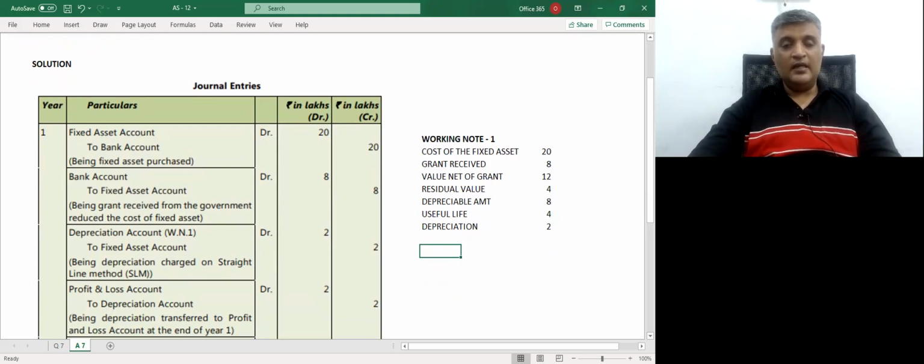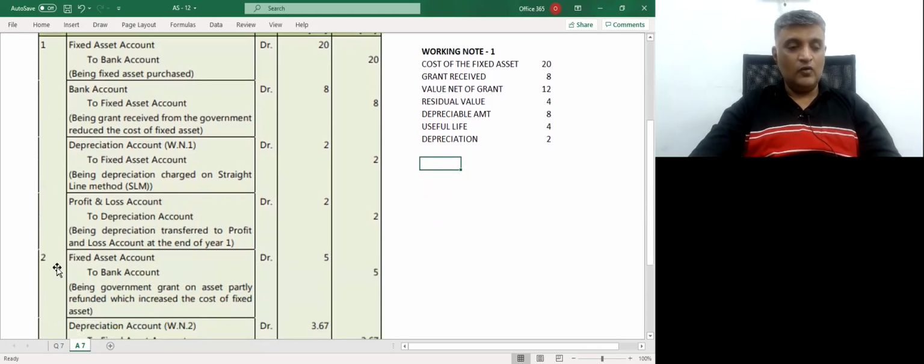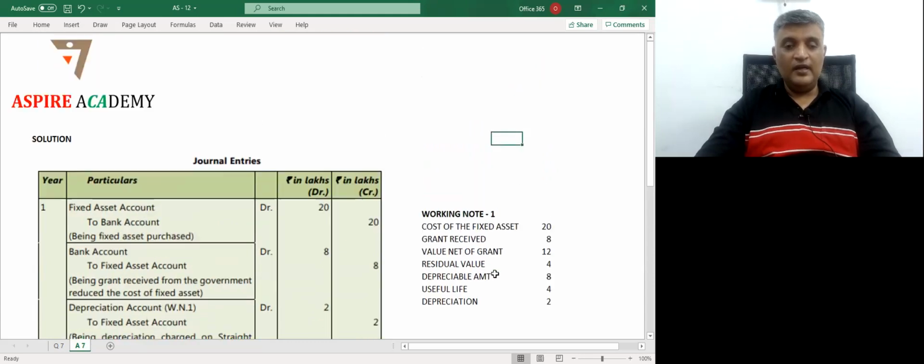The grant is getting refunded and they have quantified the value of the grant getting refunded as 5 lakhs. So when the grant is getting refunded, the entry to be passed is the reverse entry, which is fixed asset account debit to bank is 5 lakhs.